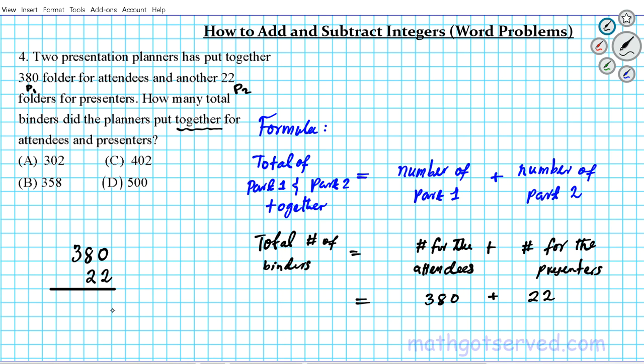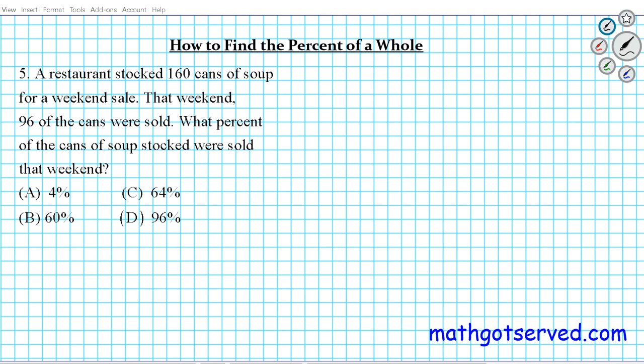Okay, so 0 plus 2 is 2, and then 8 plus 2 is 10, 0 carry 1, and 402. That's going to be your answer for the total number of binders for both attendees and presenters put together. So the answer for problem number 4 is option letter C.